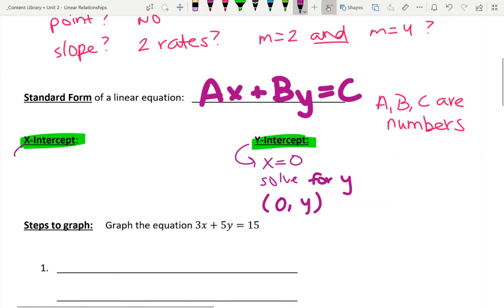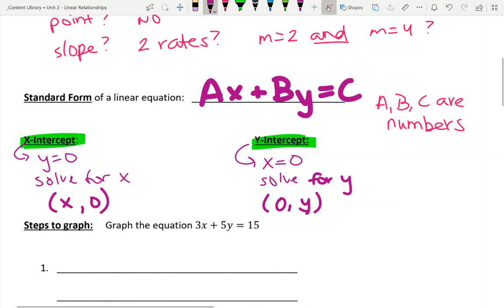With the x-intercept, an x-intercept is very similar, except this time y is equal to 0. So we set y equal to 0. Then we solve for our x value, and then we get a coordinate point that looks like whatever that number is, and 0. So 2 coordinate points that are going to be really important to us here in standard form.